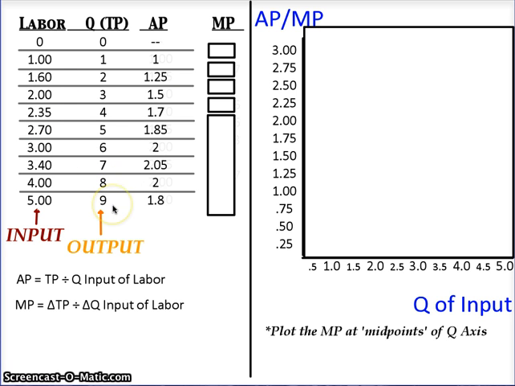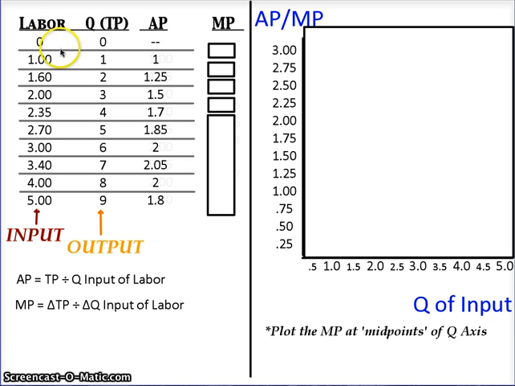We want to have an axis where everything lines up. So I'm using numbers on purpose that will later make much more sense. Anyway, let's look at the math, because the math will be the math no matter how you perceive it. Marginal product is a change in total product divided by a change in quantity of input. So if we go from 0 total product to 1, that's a change of 1.